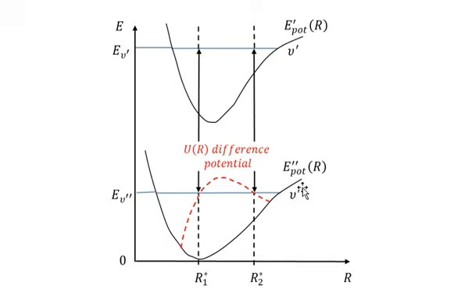In order to make that quantity positive, I have added the energy belonging to E single prime, that is E as a function of V single prime. So this energy was added to that difference of potential in order to make U of R a positive quantity, so that we can plot this as a red curve on this plot. Otherwise, this red curve will be below the zero axis level.